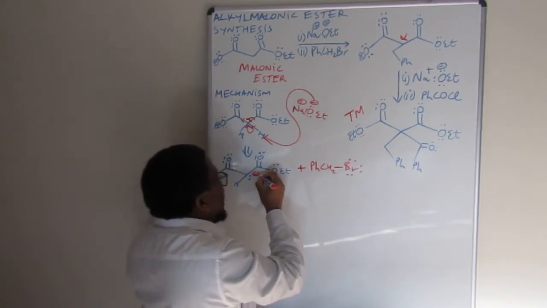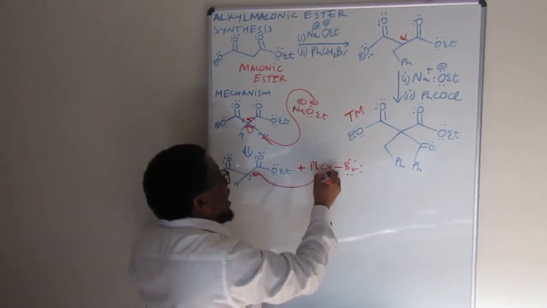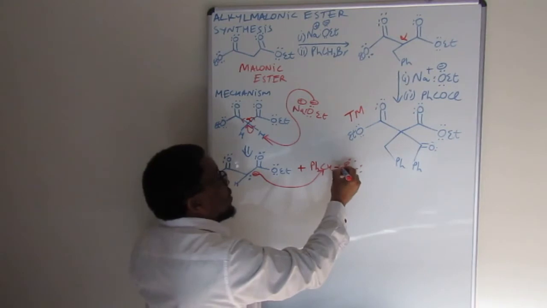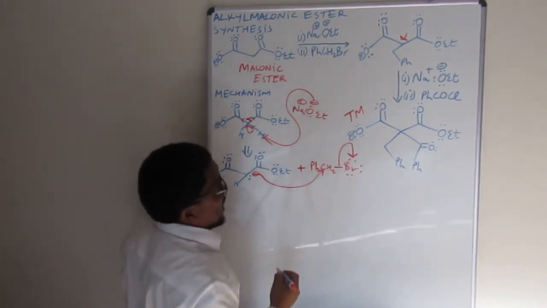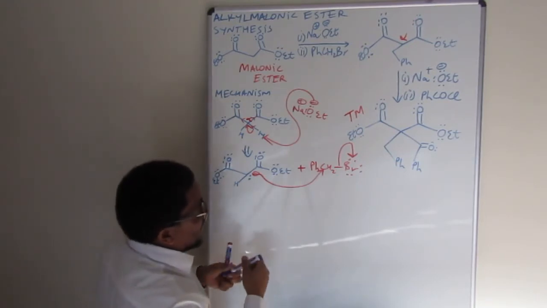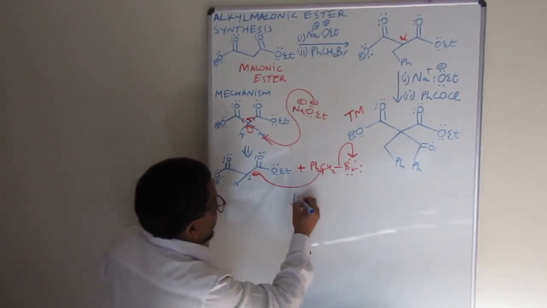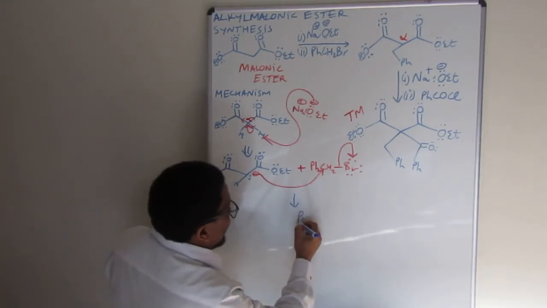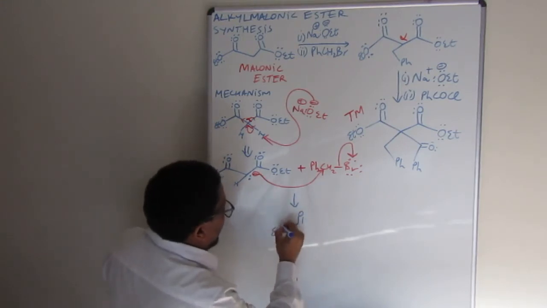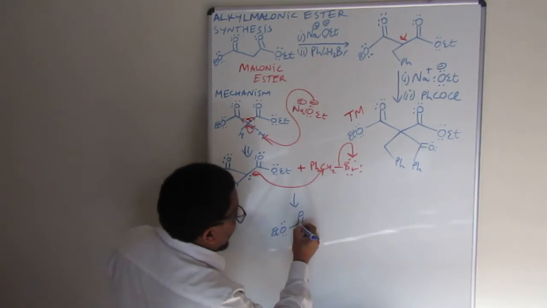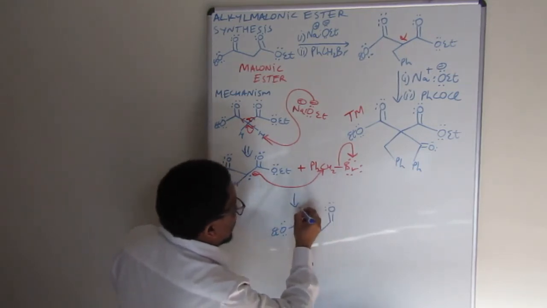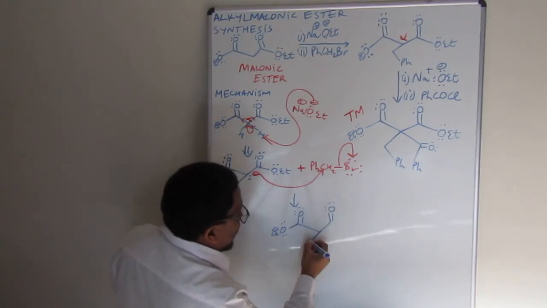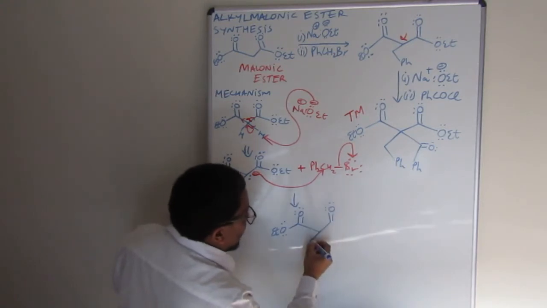Then that's why this will come and attack this carbon atom, as bromine is leaving with those two electrons. What then do we generate here now? We generate this double bond O, this is OEt, with lone pairs.